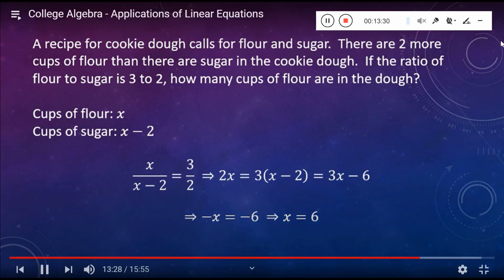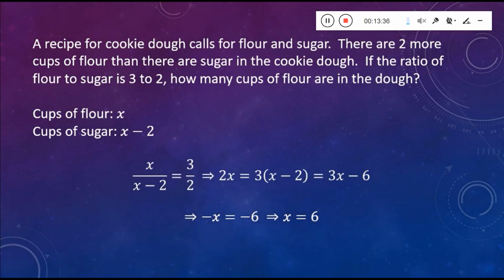Now, that's not the only way that we could have solved this problem. I chose to solve this problem this way, having x be the number of cups of flour. You also could have done it where x is the number of cups of sugar, but then that would slightly change your formula for the flour. If x is the number of cups of sugar, your number of cups of flour would be x plus 2, because we said there's 2 more cups of flour than there are sugar. And your ratios would become x plus 2 over x is equal to 3 over 2.